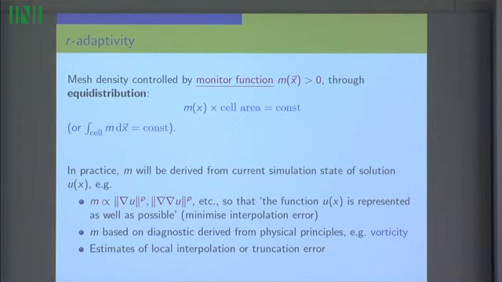And on Wednesday, I talked in one dimension about how you want to choose monitor functions which are scale invariant, and you can build that all into 2 and 3 dimensions just the same way. The third way, if you're really clever, you might have some a posteriori error estimate, and then you can use that to control the M. So there's many different ways of doing it. Typically I would normally use physics.